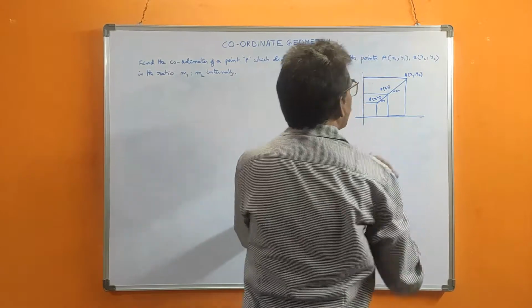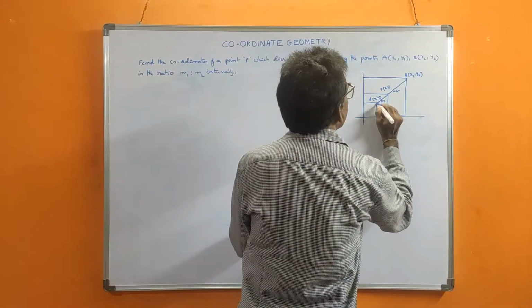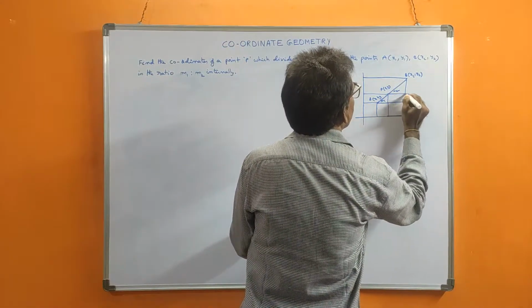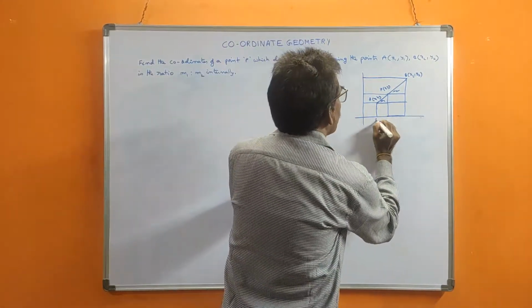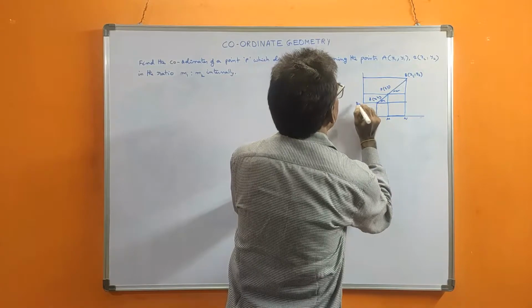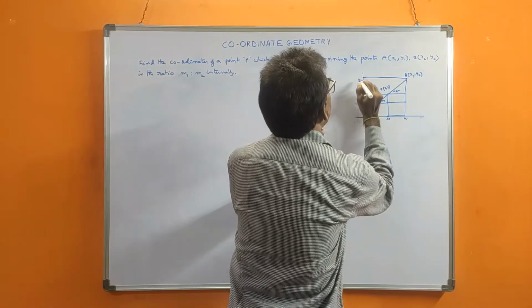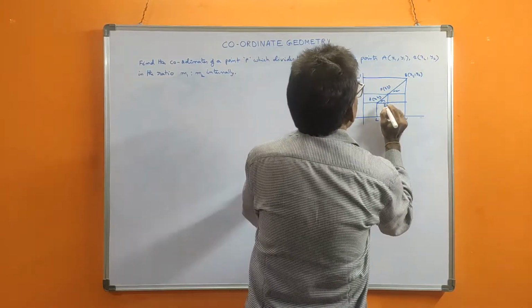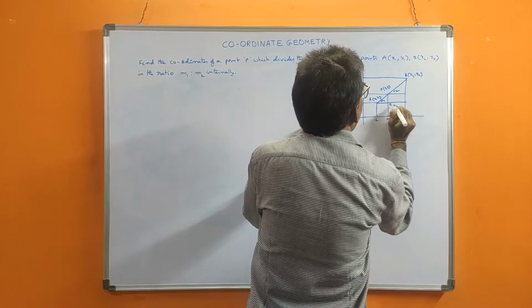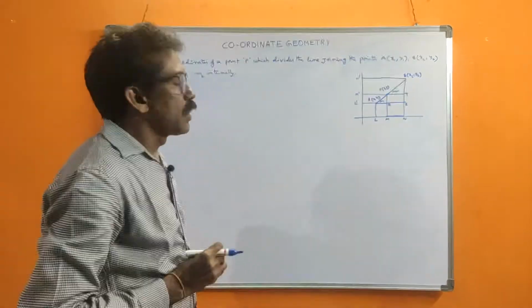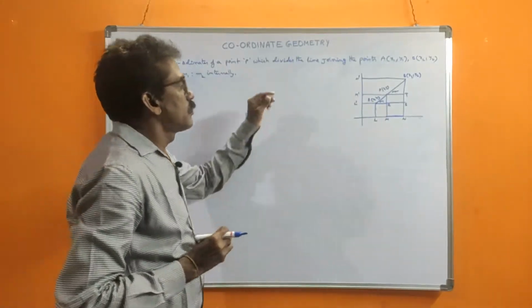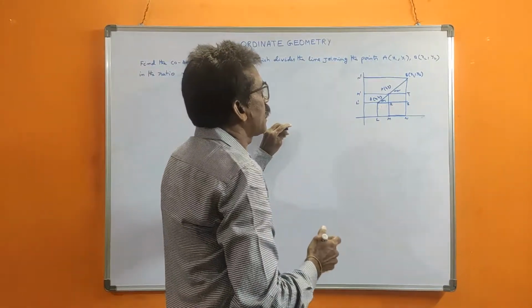That is the given. Now the remaining are constructions. We name the points L, M, N, L dash, M dash, N dash, R, S, T, any names we can give. Okay, now first write the data.